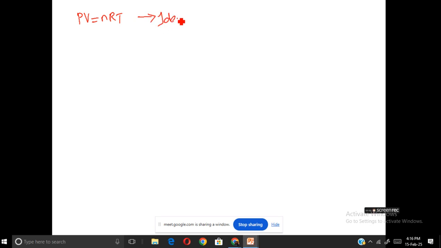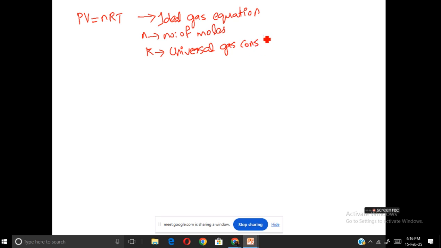This is the ideal gas equation, where P is the pressure, V is the volume, n is the number of moles, and R is the universal gas constant.